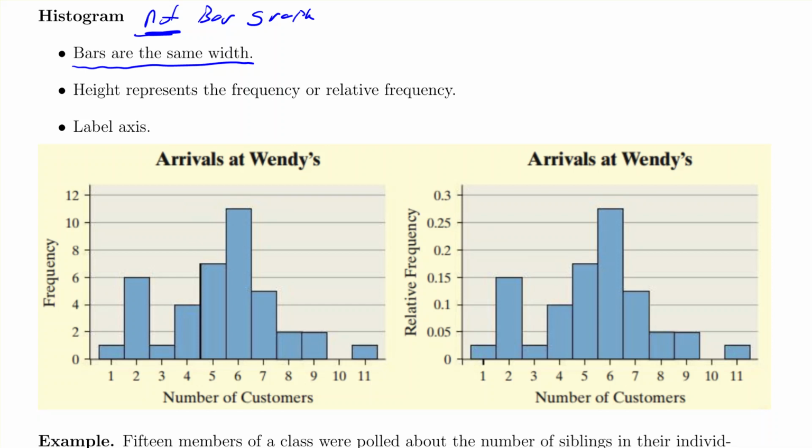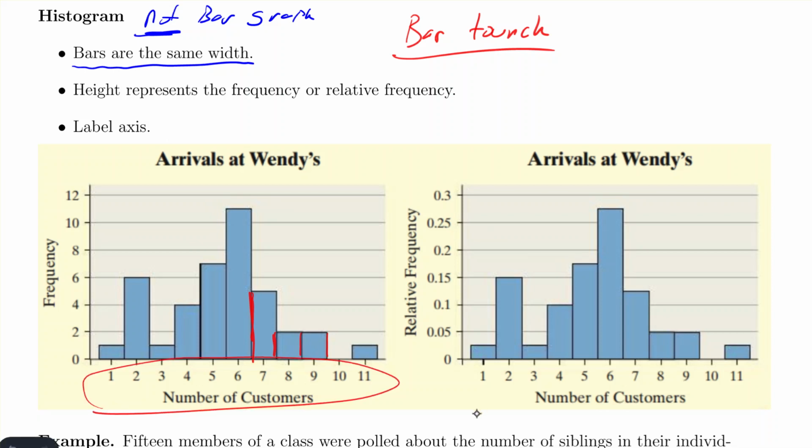We can see in this example, this graph shows frequency and number of customers at a local Wendy's. As you can see, the bars touch. Whereas in a bar graph, bars do not touch. I'll explain why. Because it's quantitative data, the x-axis is numerical values, not categories.